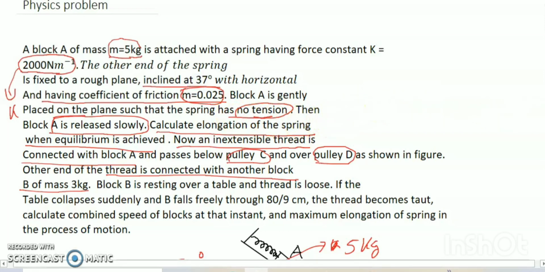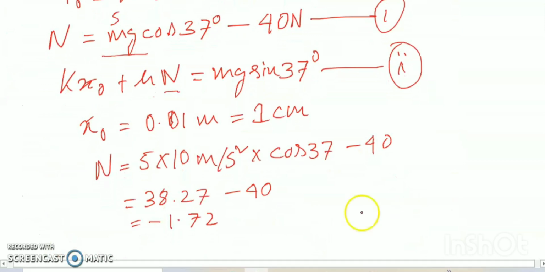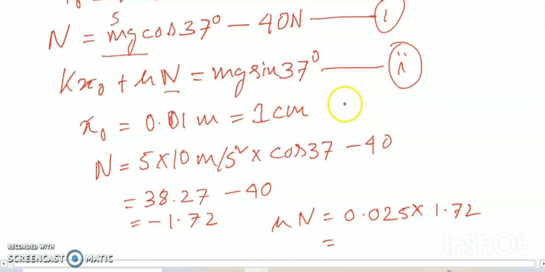So mu into N is 0.025 multiplied by 1.72, and you can calculate this value with the calculator. Then you can easily find kx0 by the formula: mg sin 37 degrees, where mg is 5 times 10, minus mu N. Just put in the values.